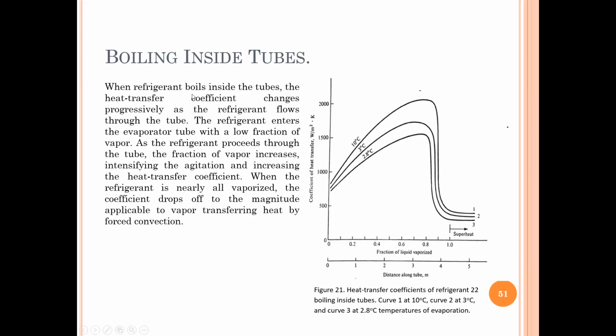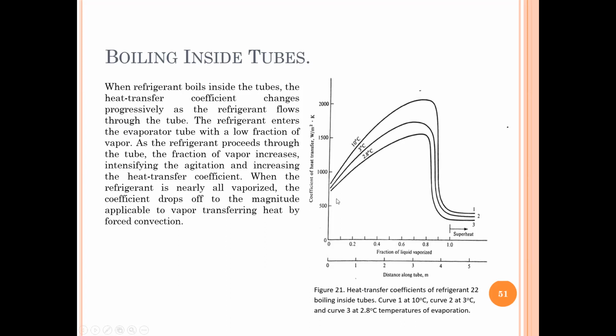So, boiling inside tube. Where refrigerant boils inside the tube, the heat transfer coefficient changes progressively as the refrigerant flows through the tube. Here is the heat transfer coefficient of refrigerant 22 boiling inside tube, curves 1, 2, 3. This is the fraction of liquid vaporized, distance along the tube.